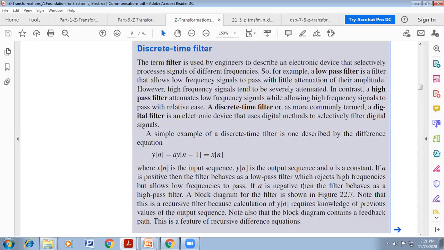If a is negative, then the filter behaves as a high pass filter. Depending on a, the filter behaves in one way if a is negative, and in another way if a is positive.